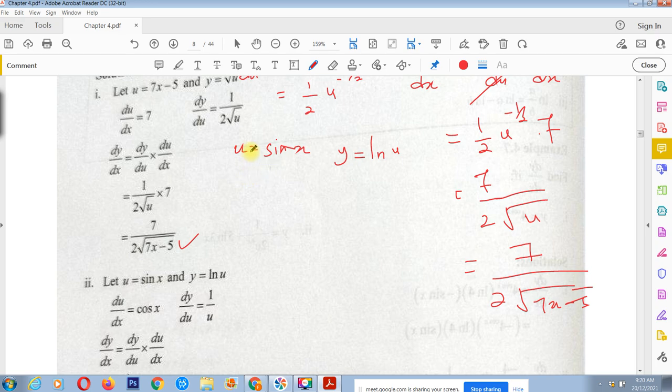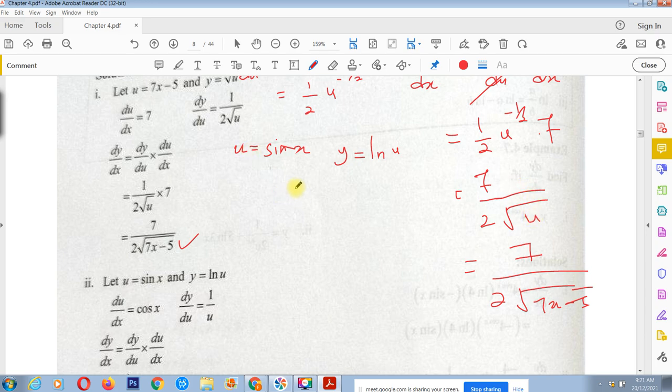Make sure you select the easiest function, so that after we put u, it becomes easier to deal with. That is important, the selection of u.